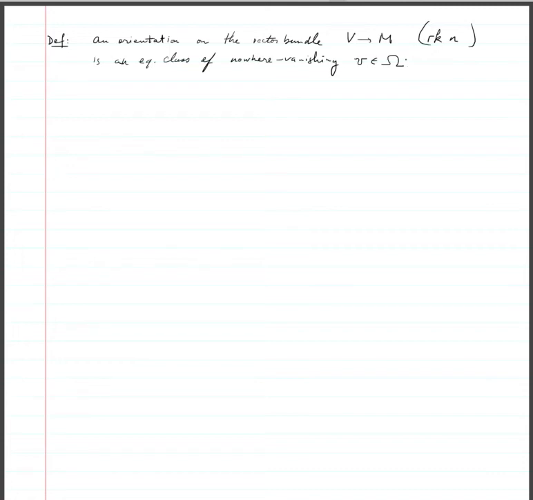And so I need to take a smooth section of wedge n, over the manifold M, of wedge n of V. Where of course V1 is equivalent to V2 if there exists a nowhere vanishing, a positive function f such that V1 is equal to f V2.